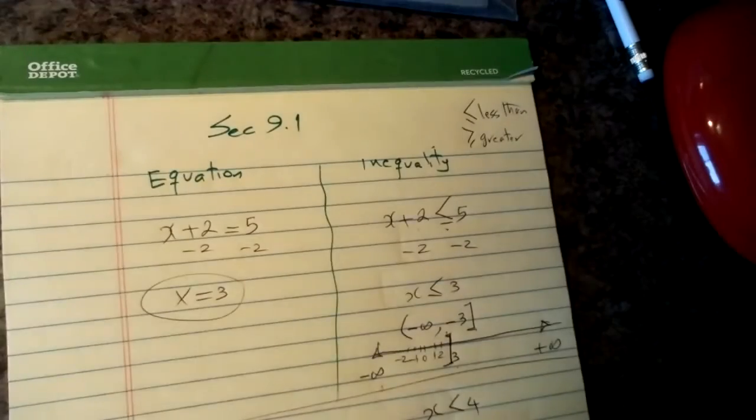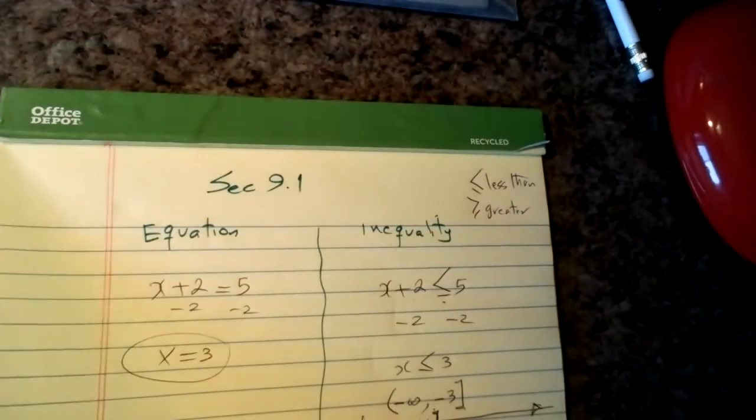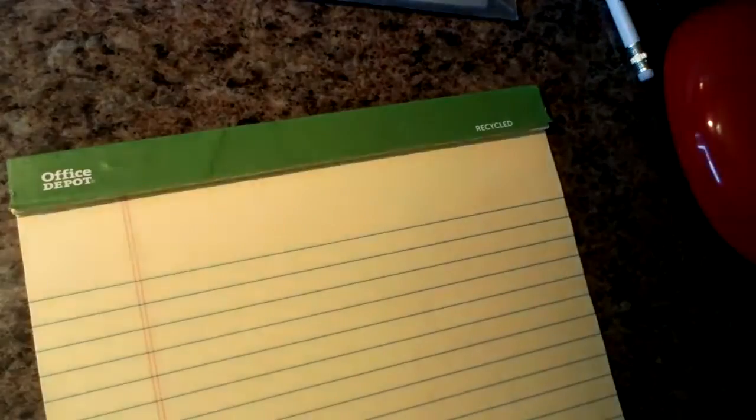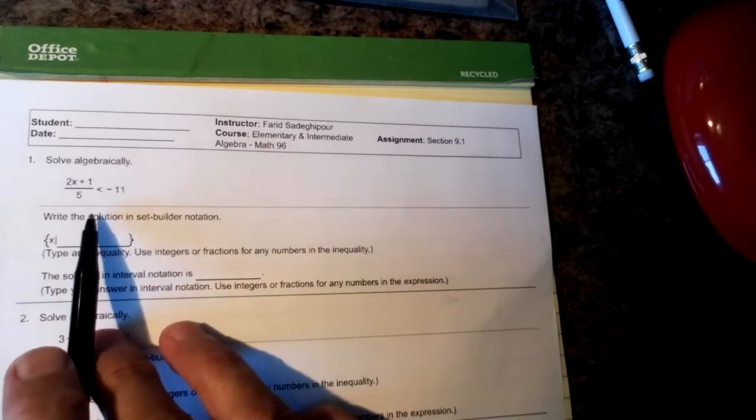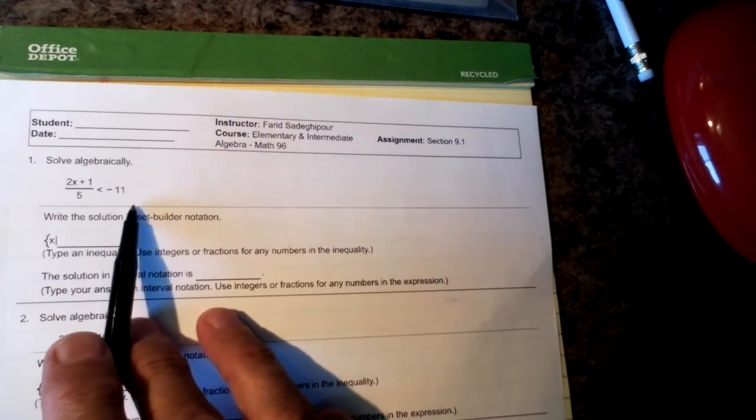All right, so now on the homework problems, it's solving this inequality, (2x plus 1) divided by 5 less than minus 11.